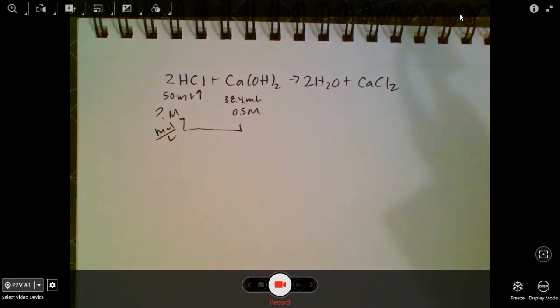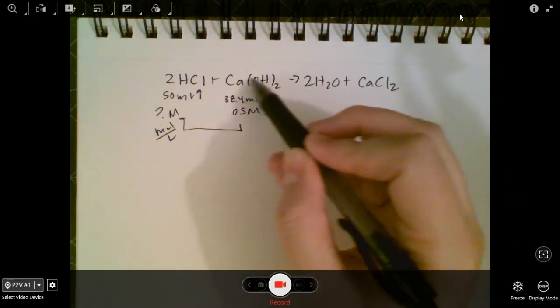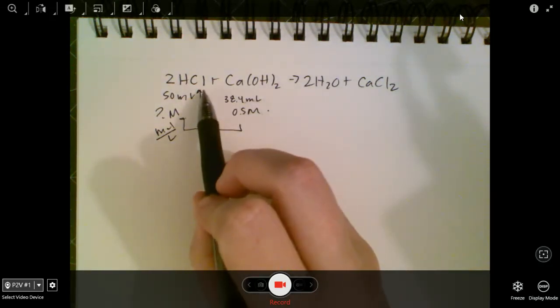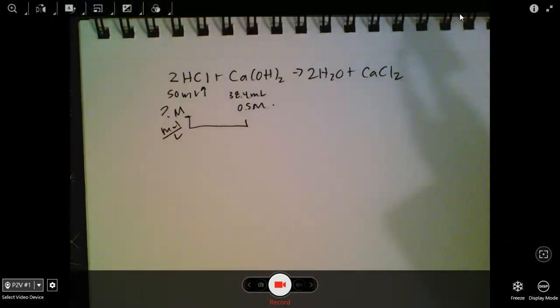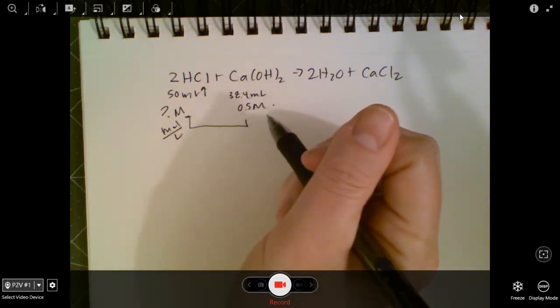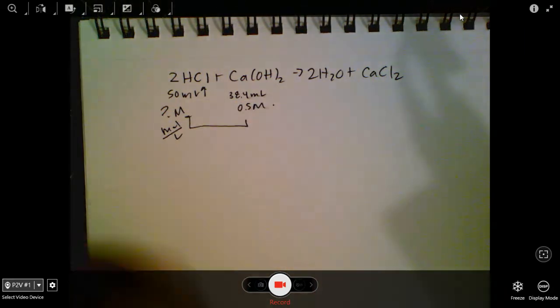So the way that this titration works is that I can figure out how many moles of my titrant it took to neutralize this analyte, and then if I know the moles, I can figure out the concentration. I'm going to start off my stoichiometry with the only thing that could actually get me moles, which is the volume times the molarity of my calcium hydroxide.